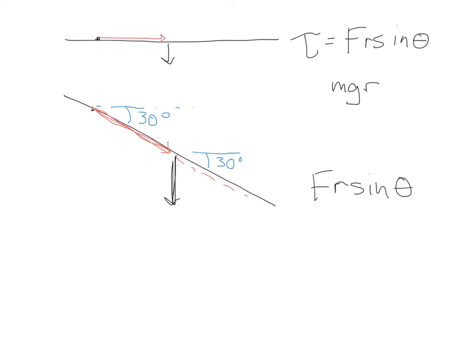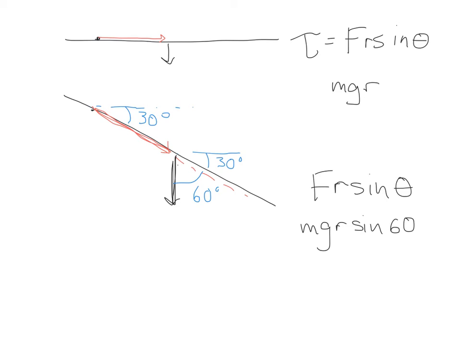So the angle between those two is actually this one, which you can see is the complementary angle to 30, so 60 degrees. So after this thing has fallen 30 degrees from the horizontal, the torque is going to be, instead of just mgr, it's going to be mgr sine of 60. So it's going to be less.